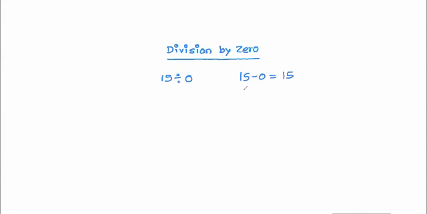Again the answer comes here, 15 minus 0 is equal to 15. Now do you think that we will reach 0? Never, because it is always 15 minus 0 is equal to 15. And we are not going to reach where our answer becomes 0.